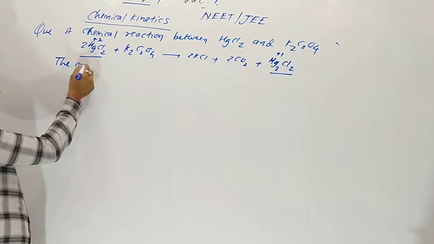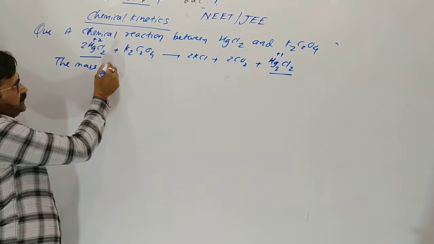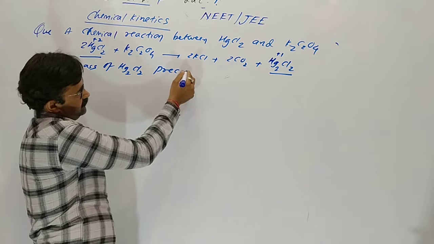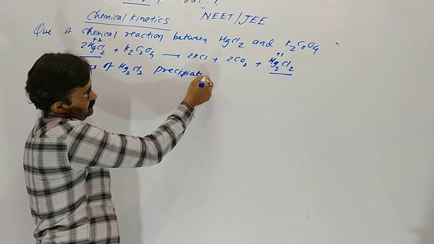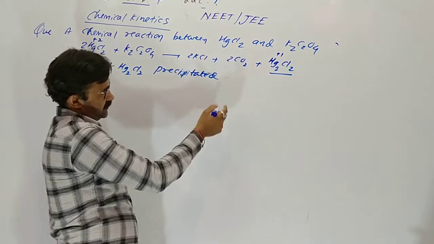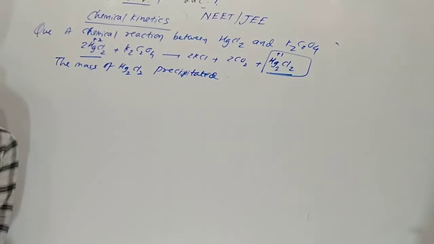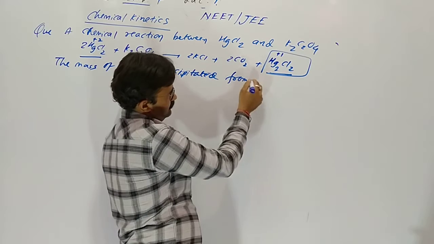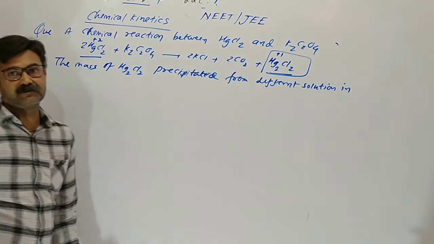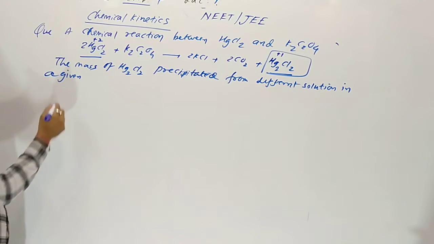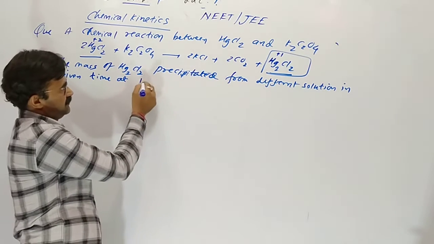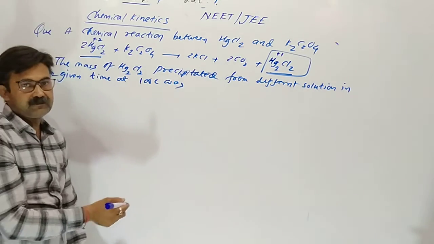The mass of mercurous chloride precipitated from different solutions in a given time at 100 degrees Celsius was as follows.